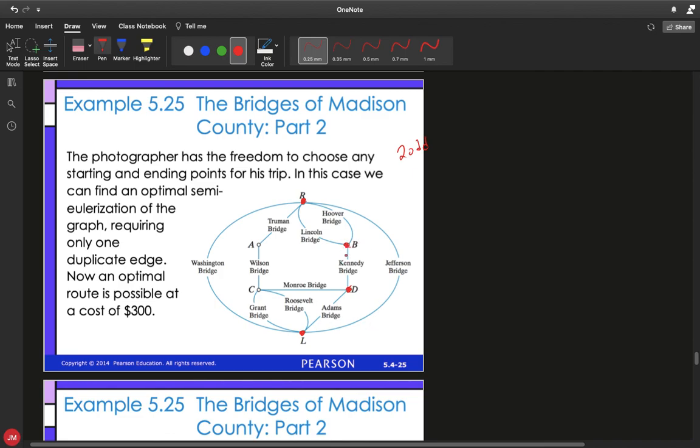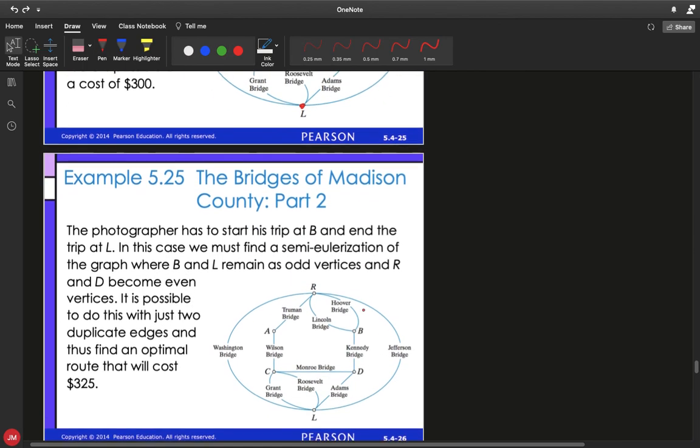There's a few different ways we could do that. We could connect L to D, which would be doing the Adams bridge twice. We could also have done B to D, which would have been doing the Kennedy bridge twice, and that would give you two odd vertices at R and L. Or you could have picked either the Hoover bridge twice or the Lincoln bridge twice. So lots of different options depending on where this photographer wanted to start and where they wanted to end up.